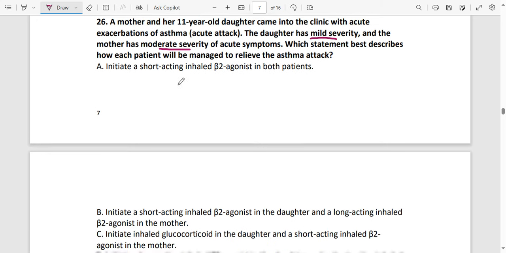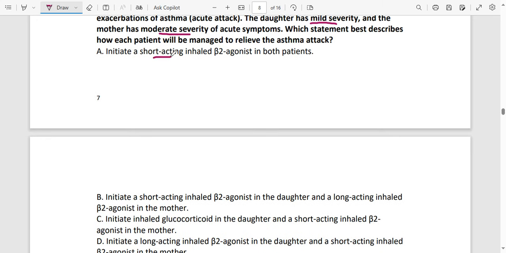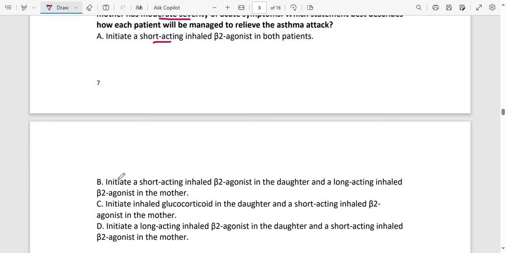Should you initiate the same treatment, short acting inhaled, or initiate short acting inhaled in the daughter and long acting inhaled in the mother, or initiate inhaled glucocorticoid in the daughter and short acting beta 2 agonist in the mother, or initiate long acting inhaled beta 2 agonist in the daughter and short acting inhaled in the mother.